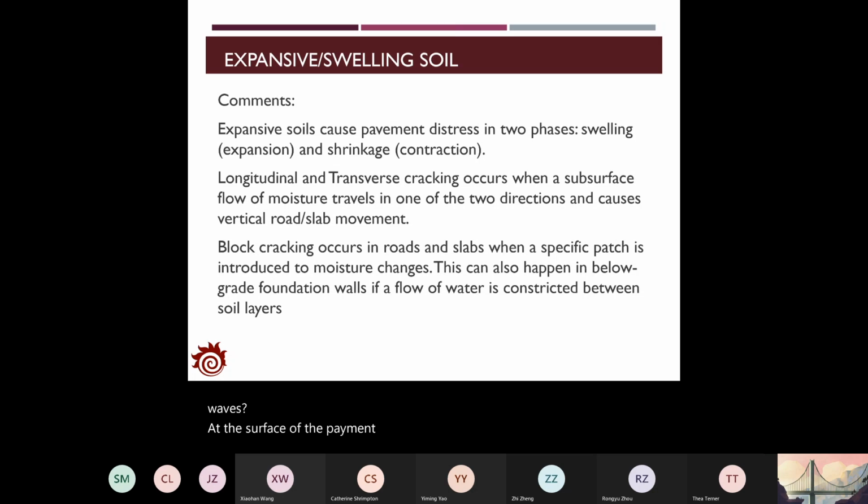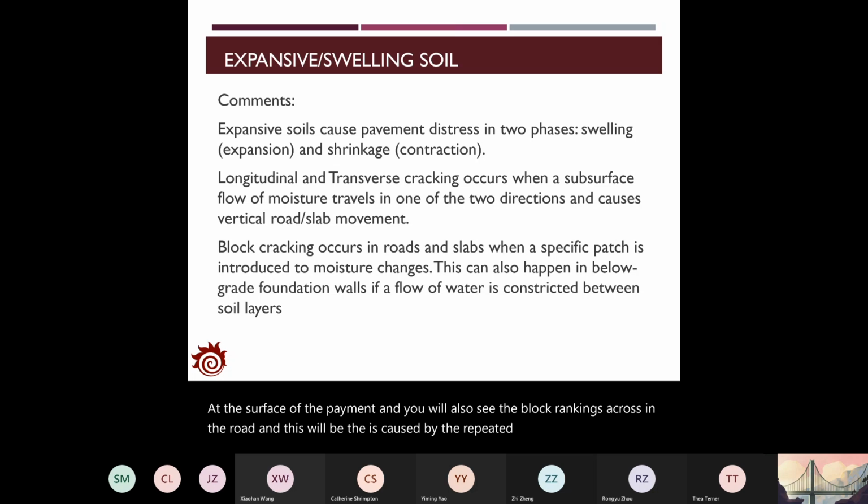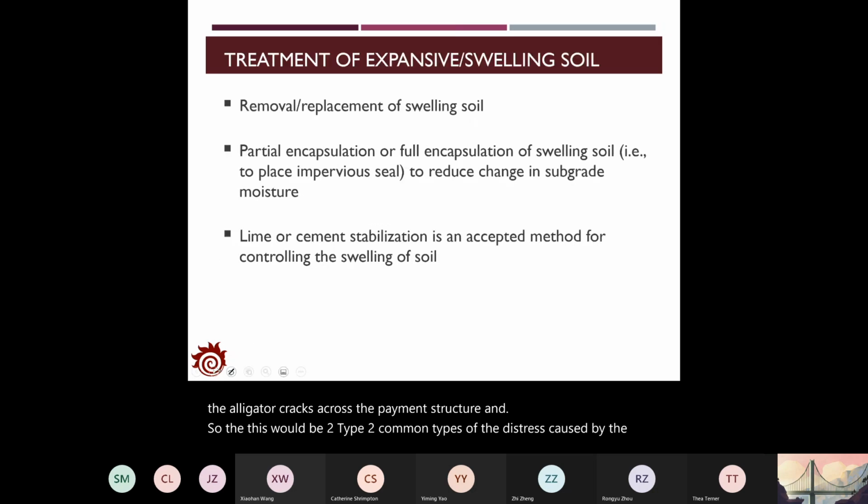And you will also see the block cracking across the road, and this is caused by the repeated load of the traffic on the segment with the swelling soil, and you will observe the alligator cracks across the pavement structure. So these are two common types of the distress caused by the expansive soil.